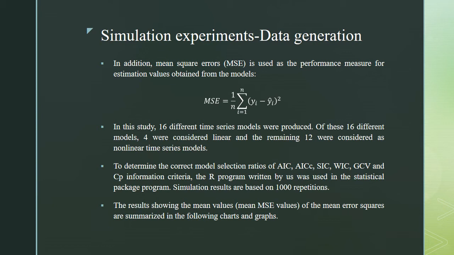To determine the correct model selection ratios for the AIC, Schwarz, weight, and CP information criteria, a program written in R was used. Simulation results are based on 1,000 repetitions. The mean values of the mean square error scores are summarized in the following charts and graphs.